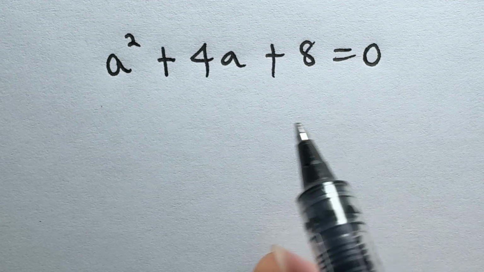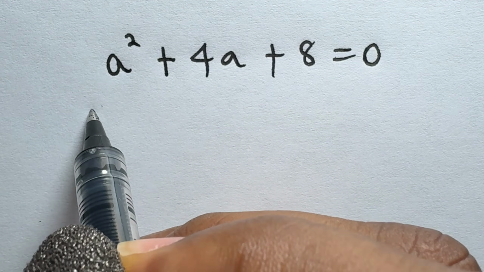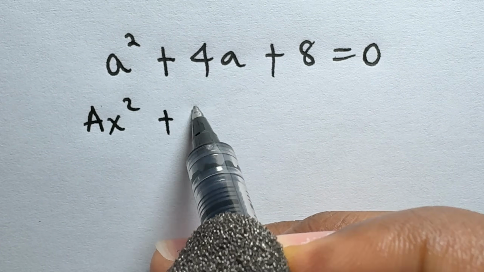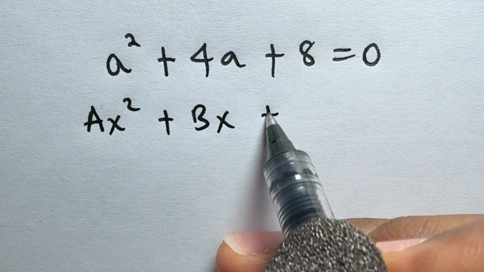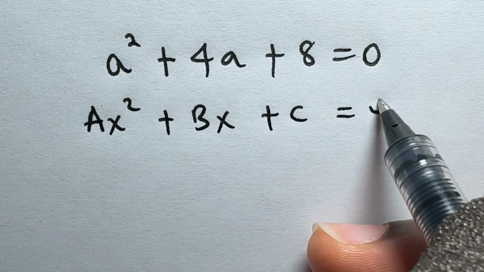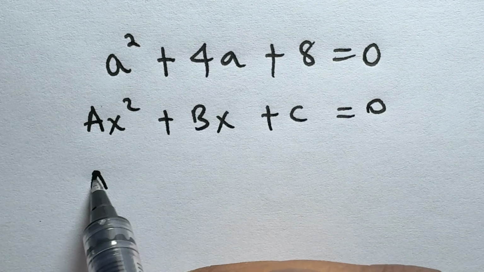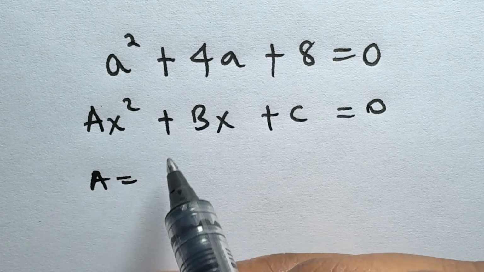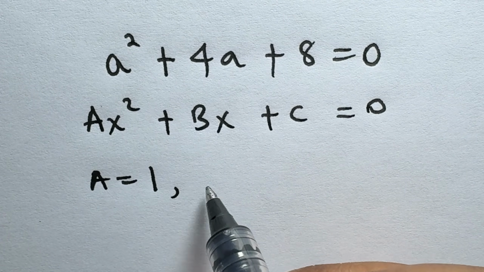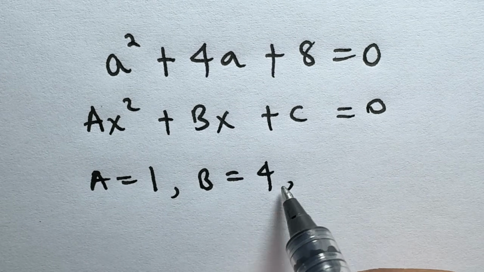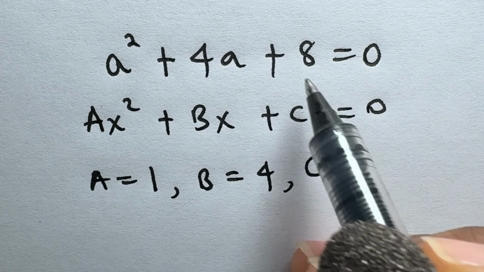To solve for a here, first of all, notice that this is of the form ax^2 + bx + c = 0, and we get the value of a, which is the coefficient of a^2, which is 1, b, which is the coefficient of a, which is 4, and the constant term c, which is 8.